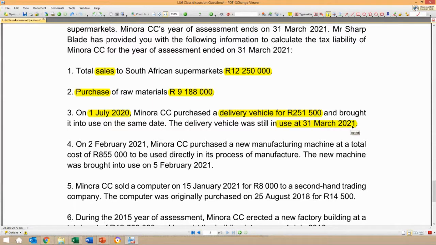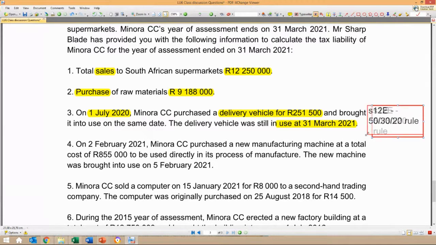So we haven't disposed of the delivery vehicle. So in terms of section 12E, we said that if it's a non-manufacturing item, so it is anything else, we would apply the 50, 30, 20% rule when working out the capital allowance.